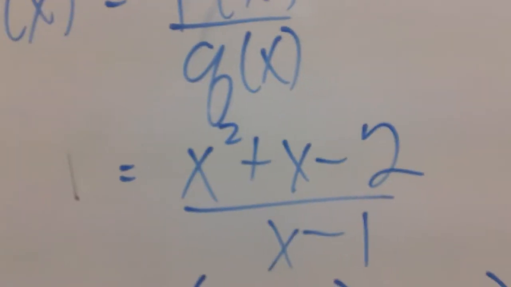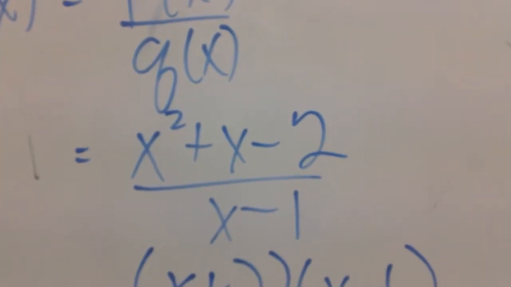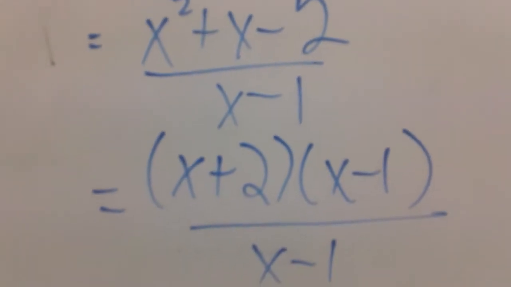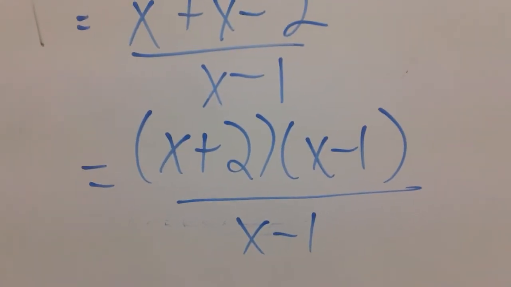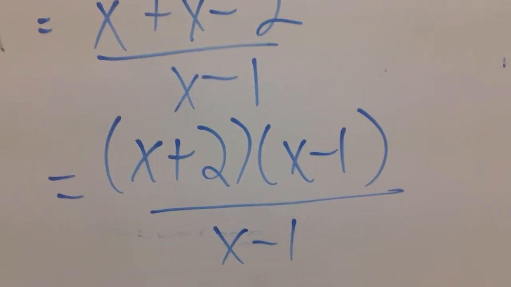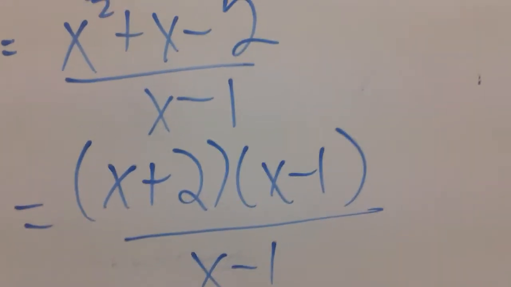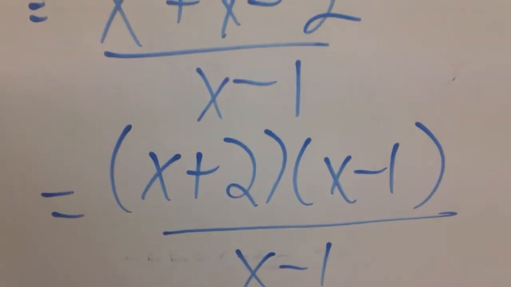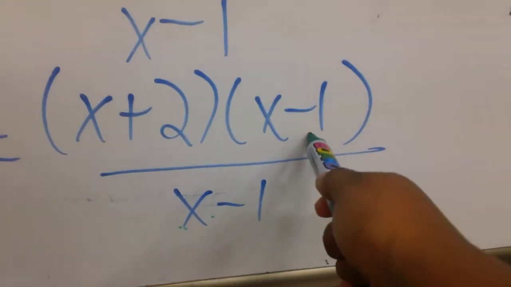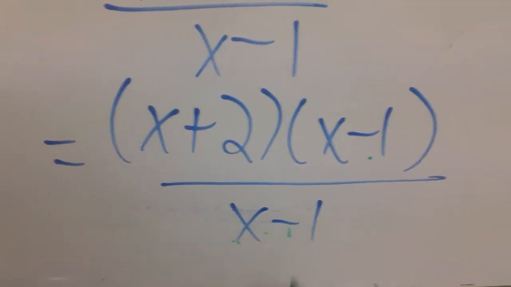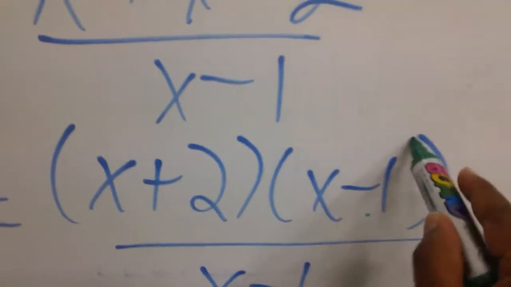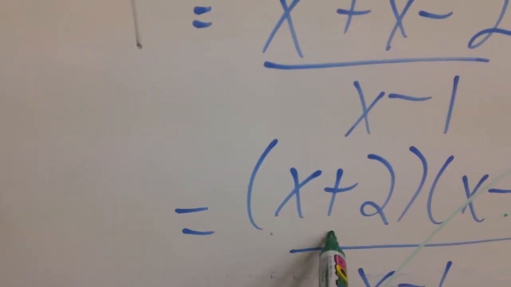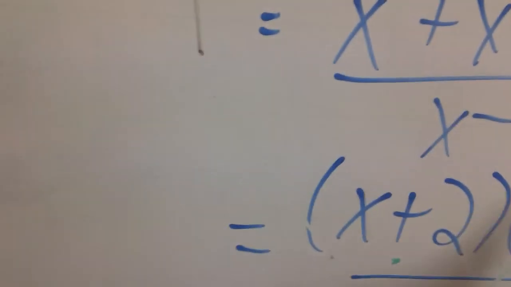Here we have these two polynomials, one in the numerator, one in the denominator. When I factor the numerator, I have a factor in the numerator that looks just like one of the factors in the denominator, which means even though I can't evaluate the function at 1 because it will provide a 0 in the denominator, it won't be an asymptote because if I were to cancel these out, I can evaluate at 1 just for what's left here.